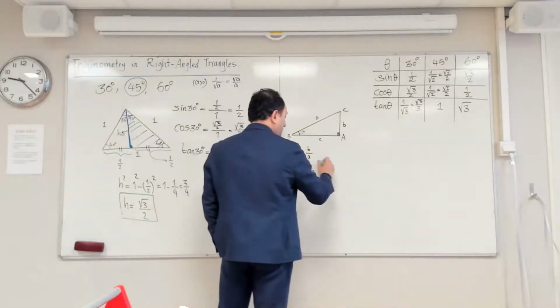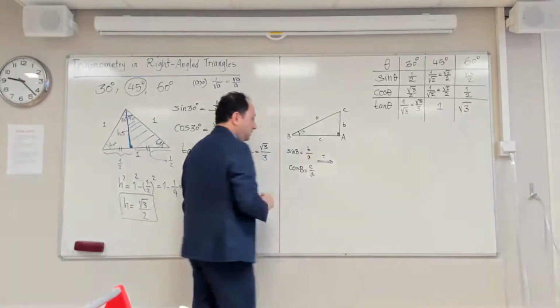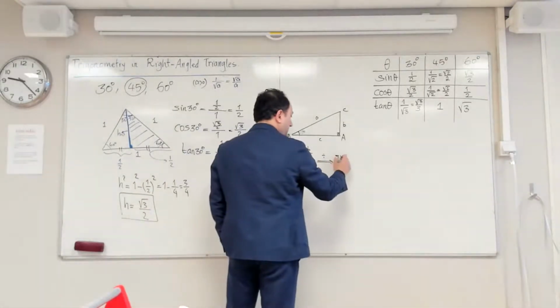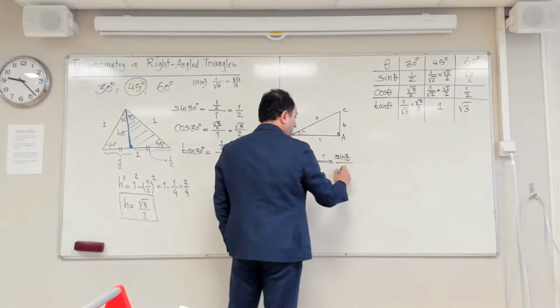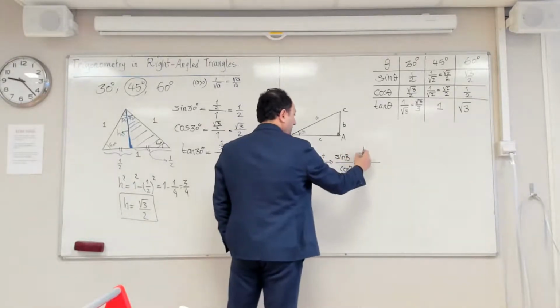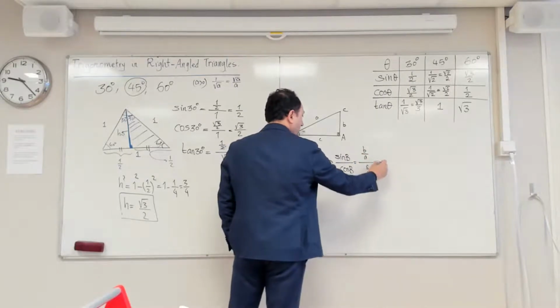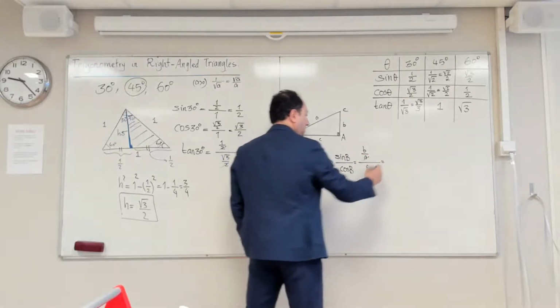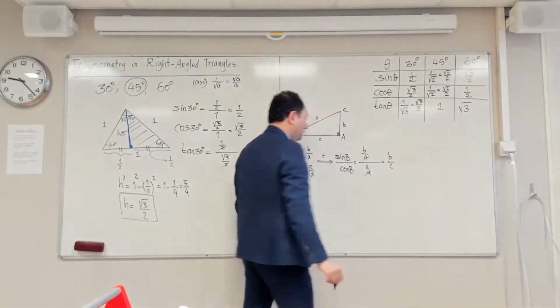Now let me ask you to divide them. So this becomes sine B divided by cosine B. And then I have to divide B over A by C over A as well. But you see that these A's are cancelled, then I get B over C.